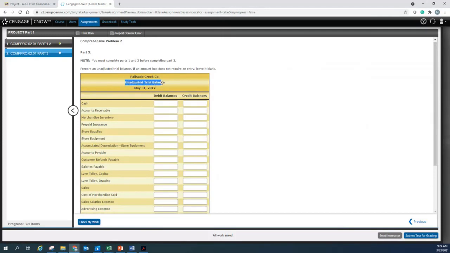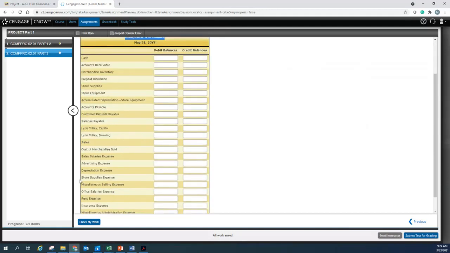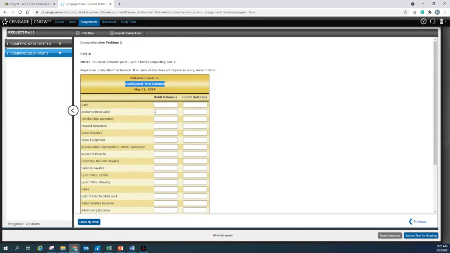So I'm going to click on this tab here, the next component, and on here you have to complete an unadjusted trial balance. It's a report of the accounts on the left side here, and by convention you have assets first, then liabilities, then owner's equity. What is the ending balance of cash? It's going to be a balance on the debit side. That's the normal balance of cash. Where do you get that from?